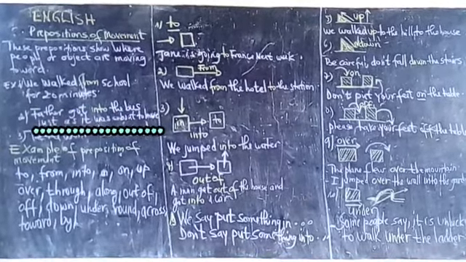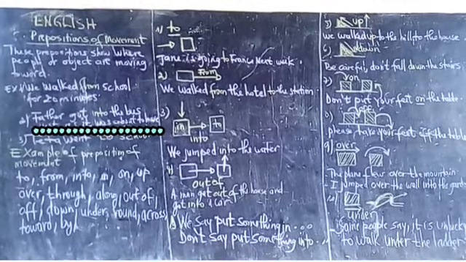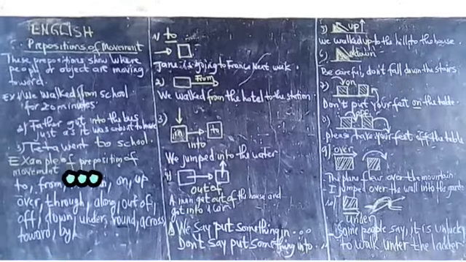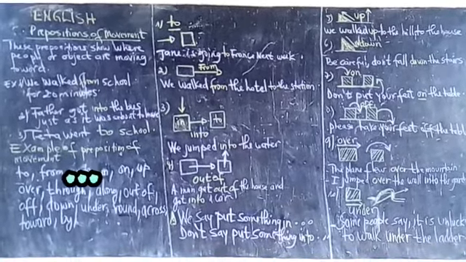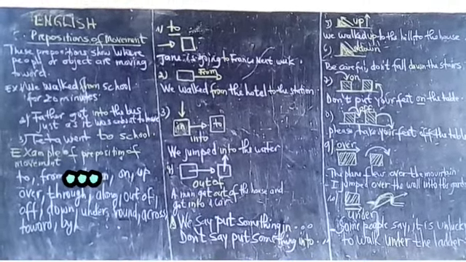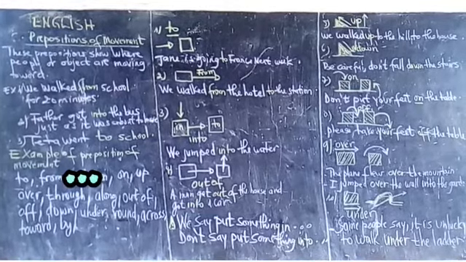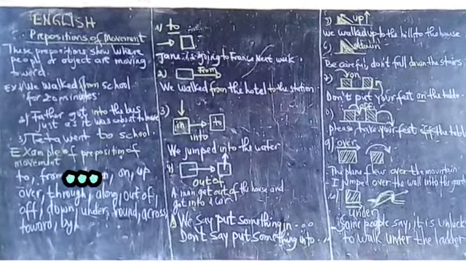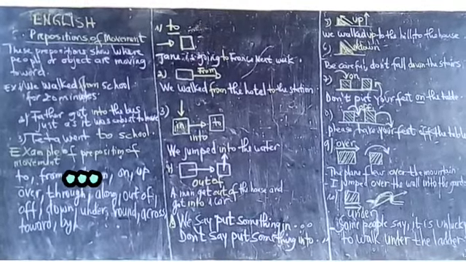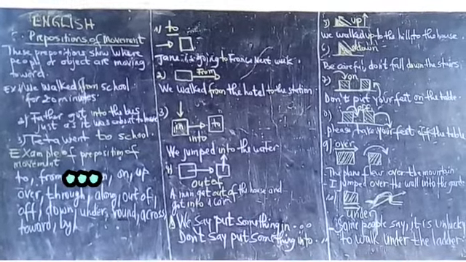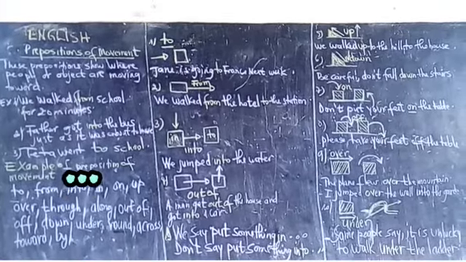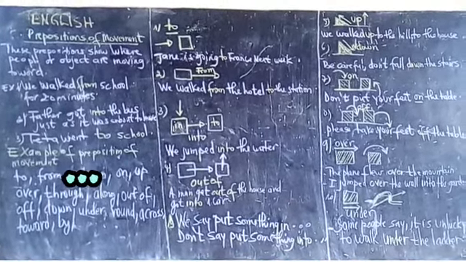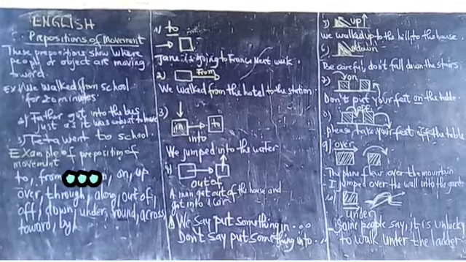Here are some examples of prepositions of movement. We can say to, from, into, in, on, up, over, through, along, out of, down, under, round, across, toward, and by.